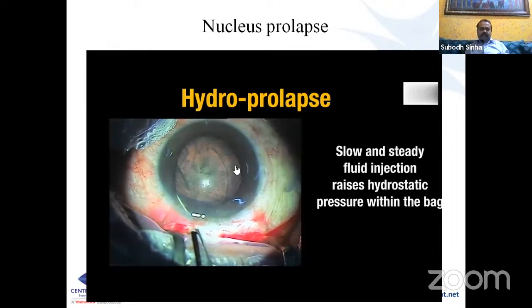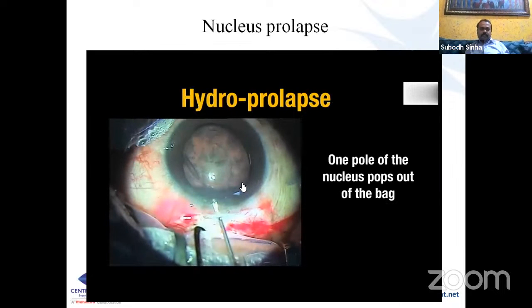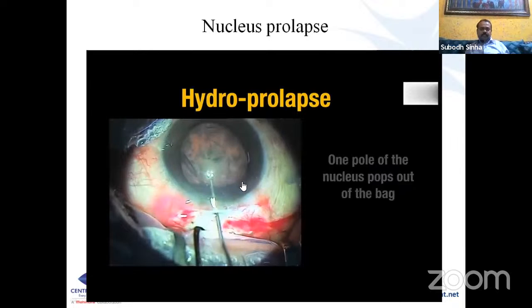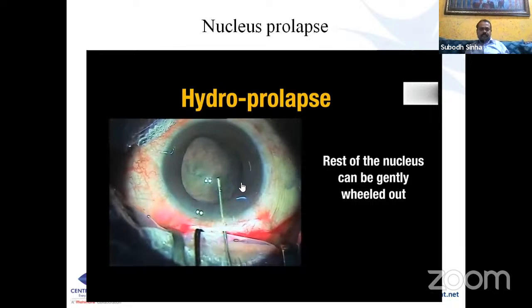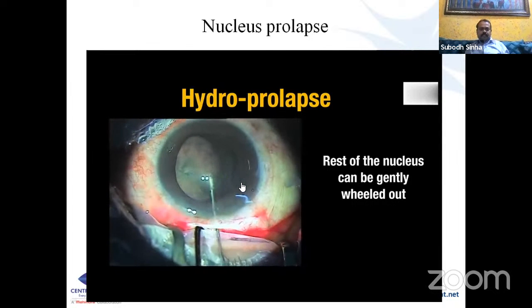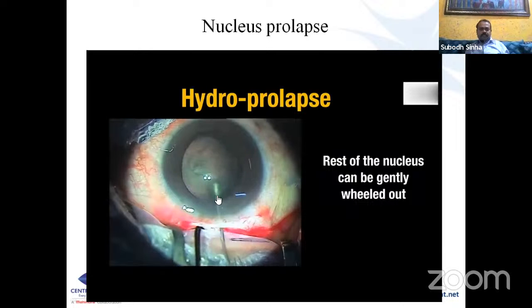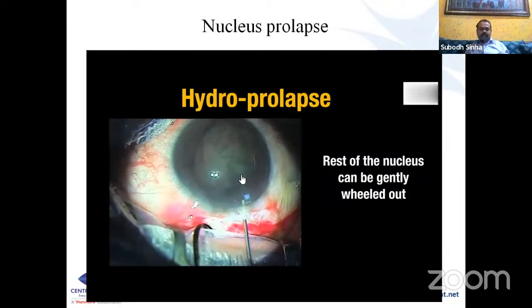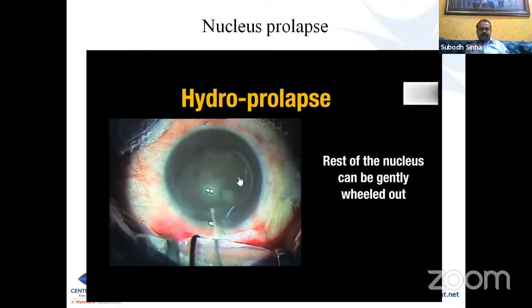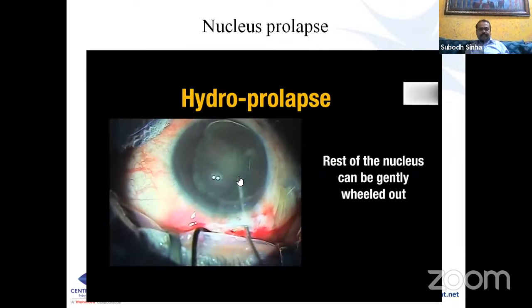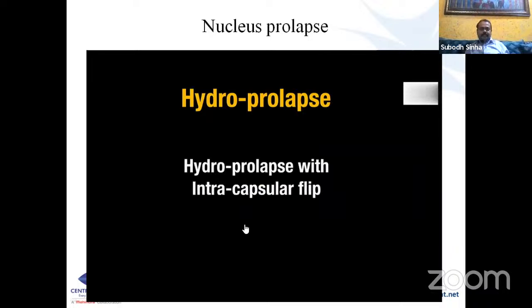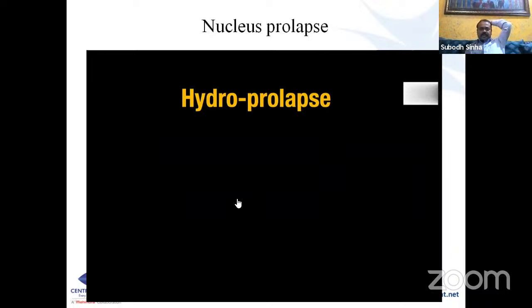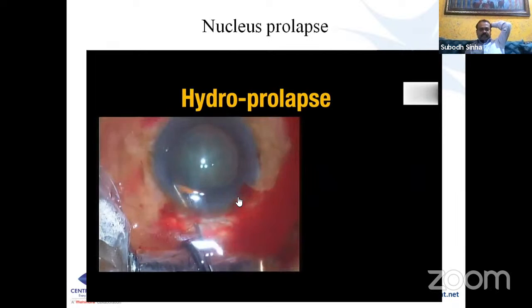And you can see the nucleus is prolapsing from this side. Another technique is hydroprolapse or intracapsular flip.